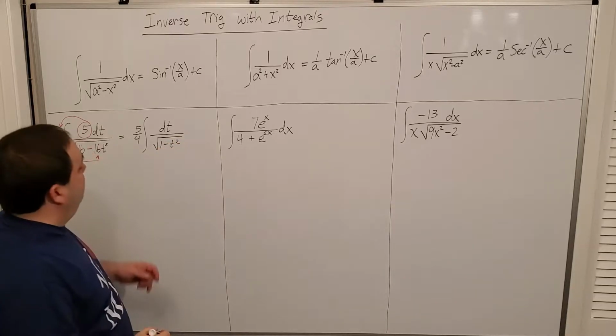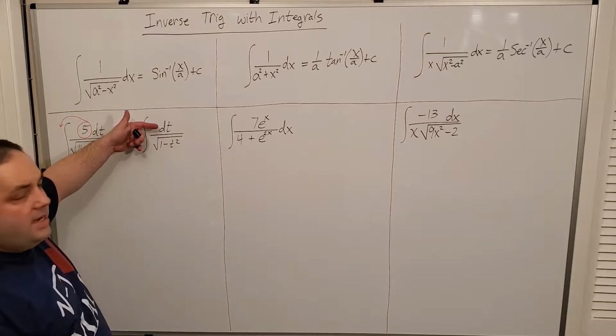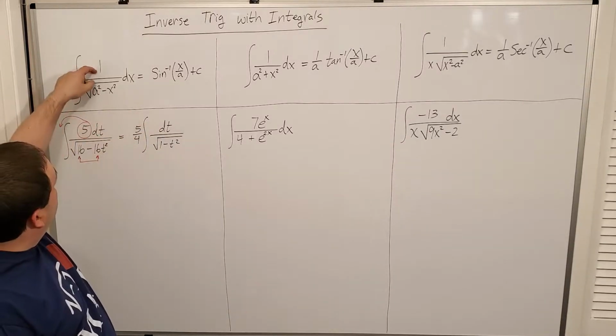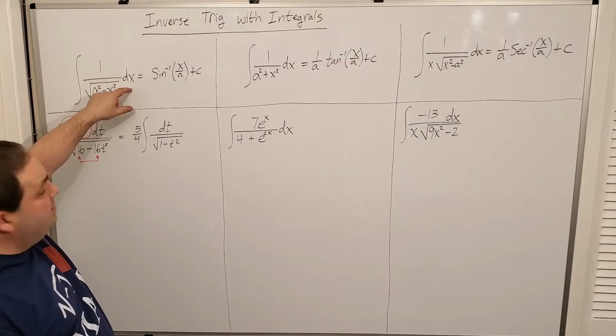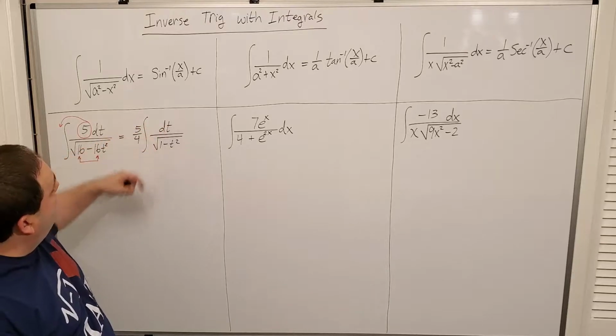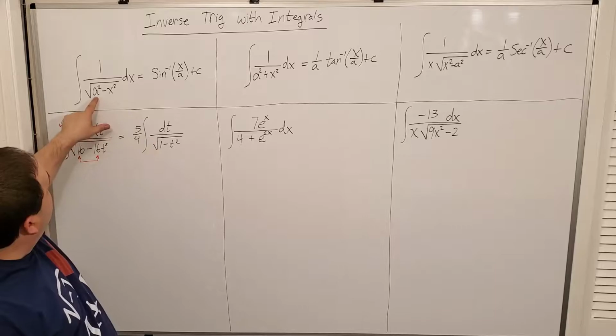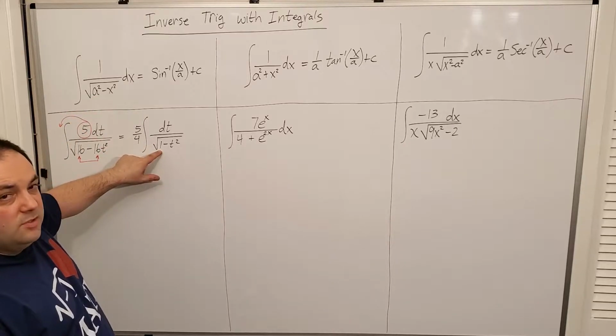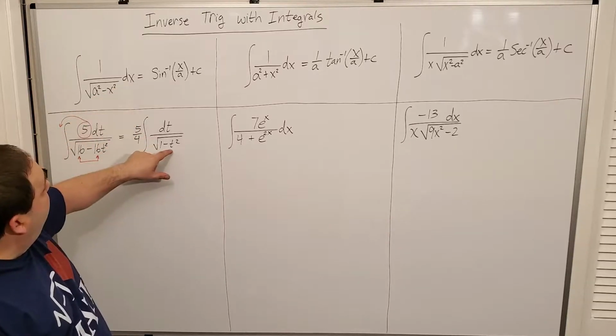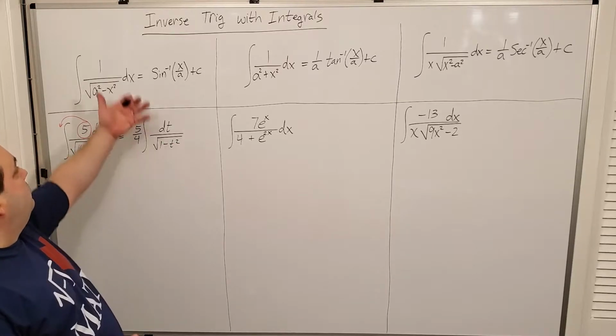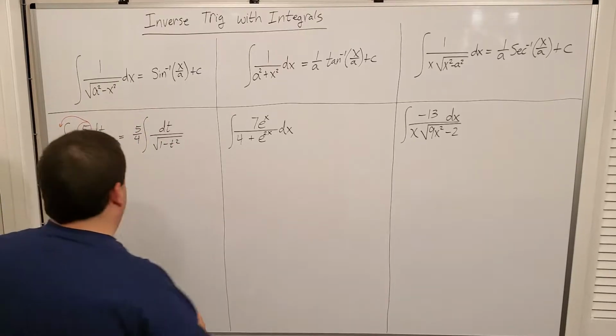Now don't let this throw you off if you have the dt here at the top. It's really 1 times the differential, right? This is 1 times dt. So this is really the same thing as this. Look at it. 1 is a squared, so a must be 1. And x squared, I have t squared. So this one's ready to be integrated.